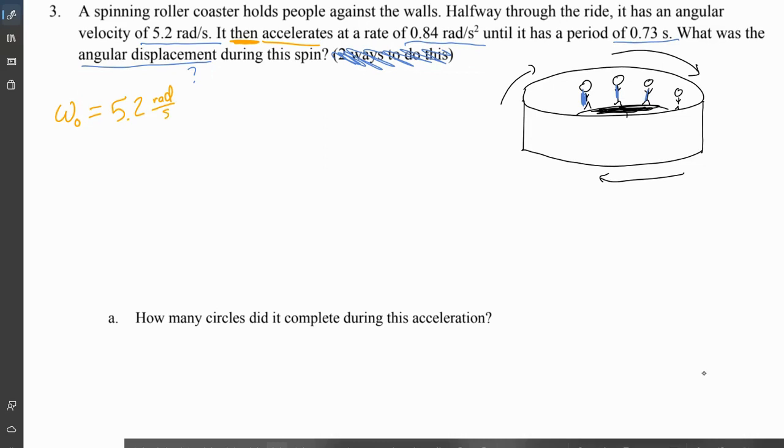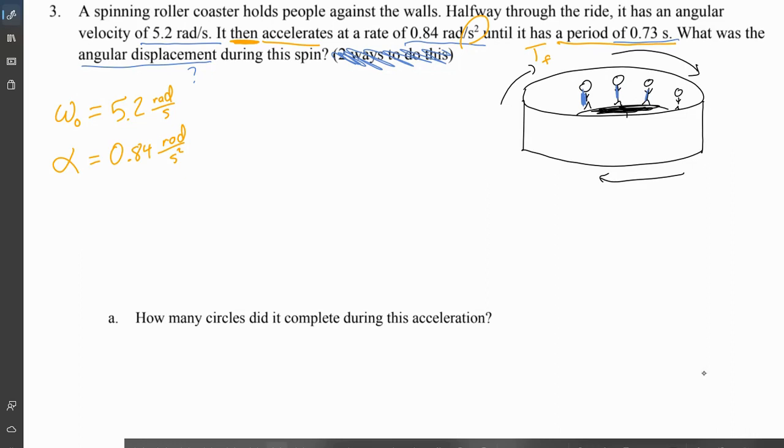Then it accelerates at a rate of 0.84 radians per second squared. Well, we see this per second squared, and we know that's got to be alpha. Until it has a period, okay, until, that means this is now the final. Final period of 0.73.